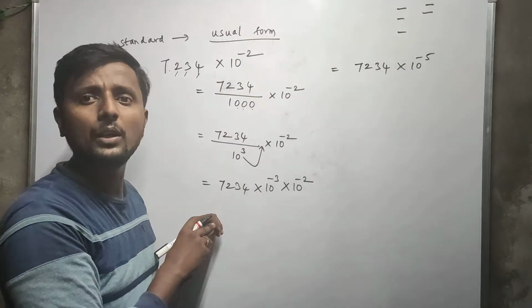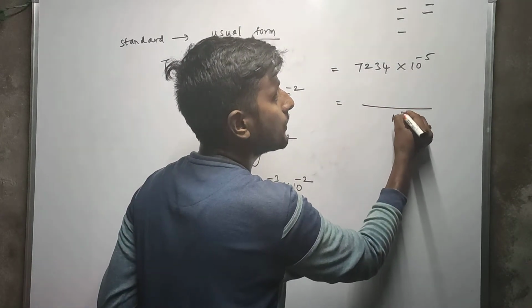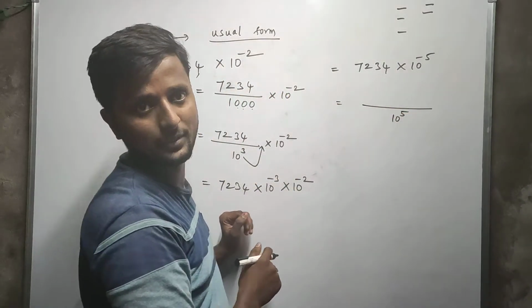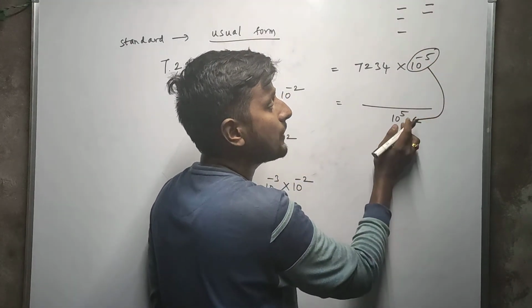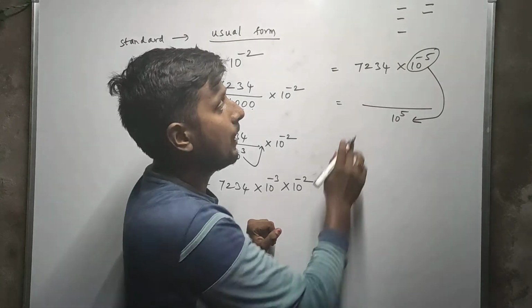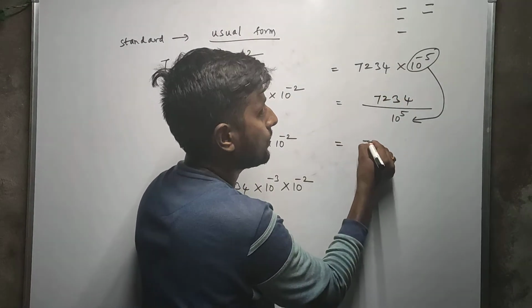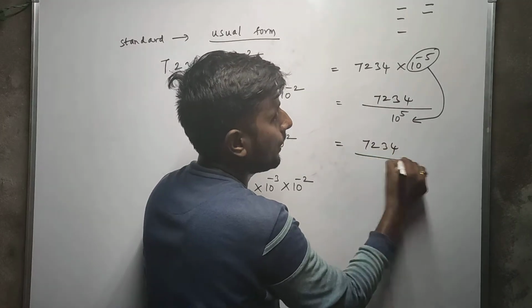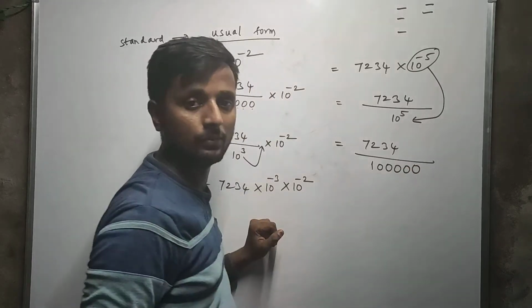Then what will we do? If you want to change the 10 power minus 5 sign, write it in the denominator place. Here we have a minus now, so when it comes to the denominator place, it will become plus. Upper number same, 7234. 10 power 5 is nothing but in the denominator we have 5 zeros.